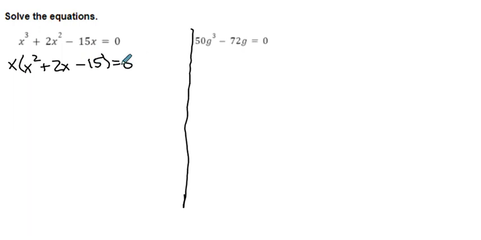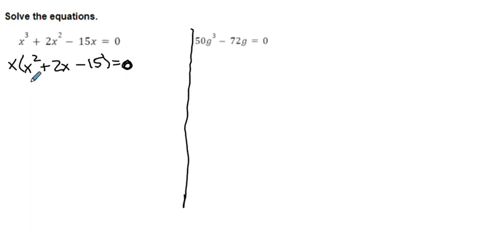So this is a case where we're like, oh, it's a quadratic. I think I know how to do these. And believe it or not, you do. I'm going to show you the AC method first, and then I'll show you the other method we use, and then we'll finish this thing off.